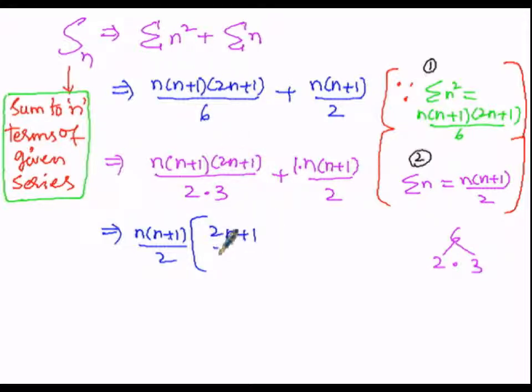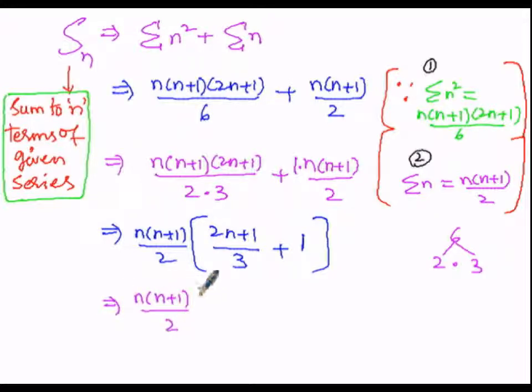Overall divided by, when 2 is taken out as common in the denominator, just 3 is left over in the denominator place, plus n into n plus 1 by 2 is totally taken out as common, just plus 1 is left over in the numerator. Then the next logical step will be, that implies n into n plus 1 overall divided by 2.